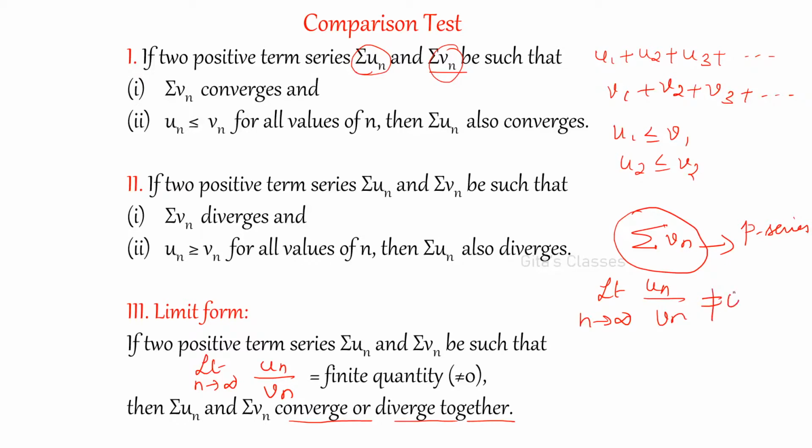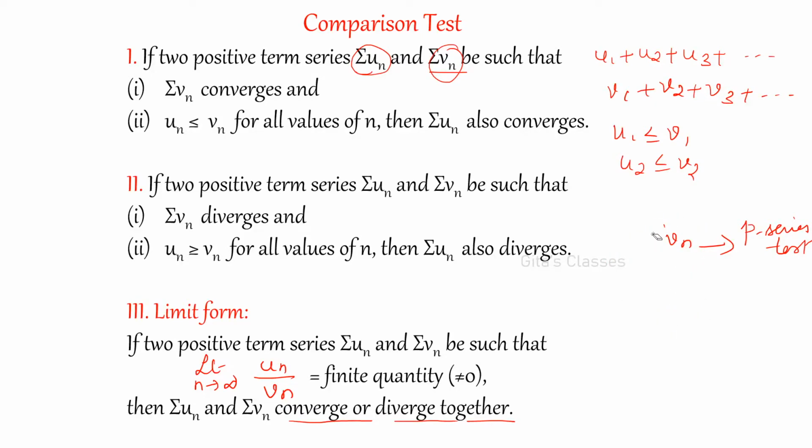If you can prove that it is not equal to 0, now from the given problem we have chosen sigma vn, which is a known series by using the p series test. If sigma vn is convergent, sigma un is also convergent. If sigma vn is divergent, sigma un is also divergent. That's what we are going to prove.